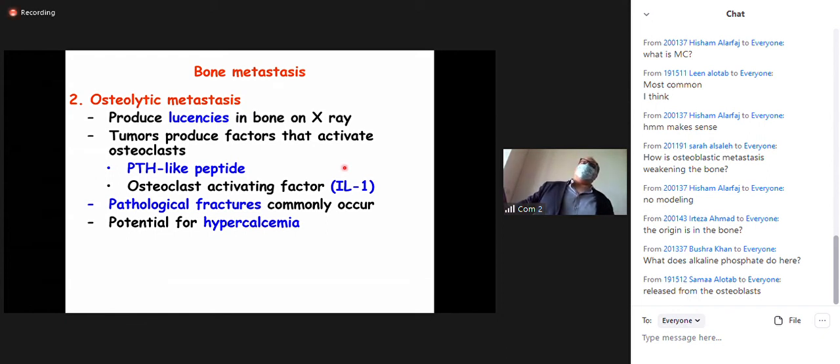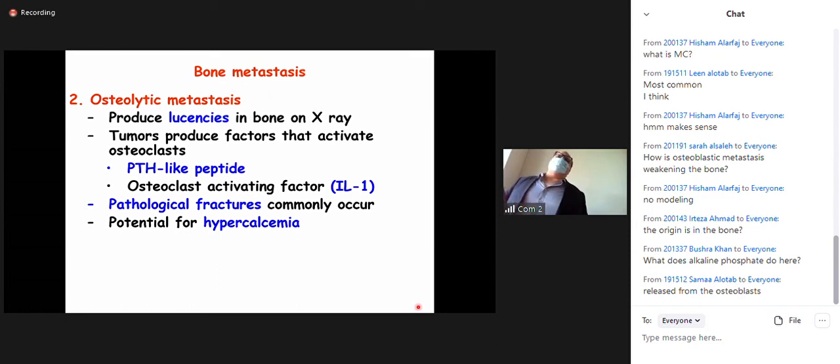By elaborating materials that activate the osteoclast, either in the form of a PTH-like substance, a parathyroid hormone-like substance, or an IL-1-like osteoclast-activating factor, and the rest is history. Now, as a result of the increased activity of the osteoclast, there is more bone being resorbed. What happens to the calcium level in those patients? It's going to increase.